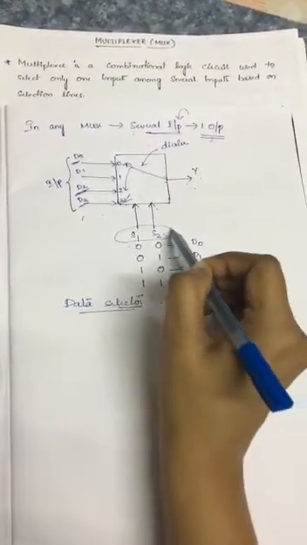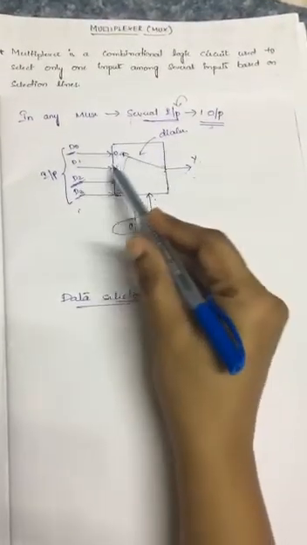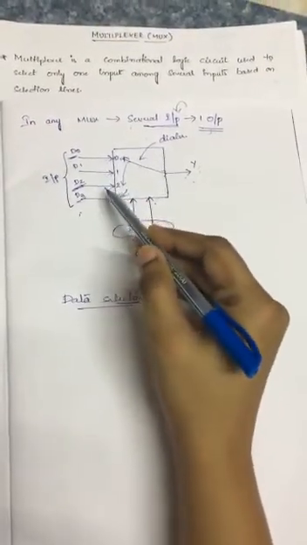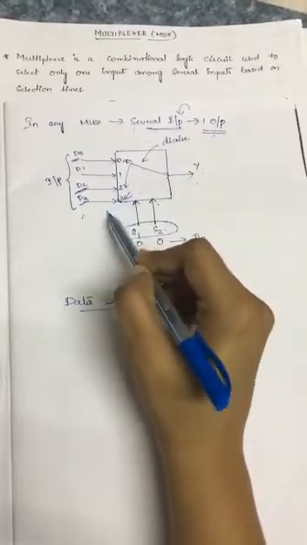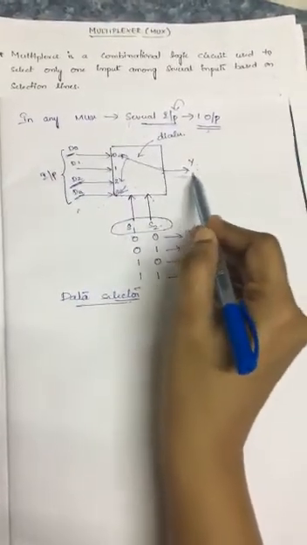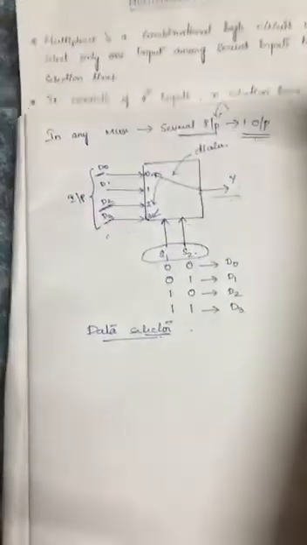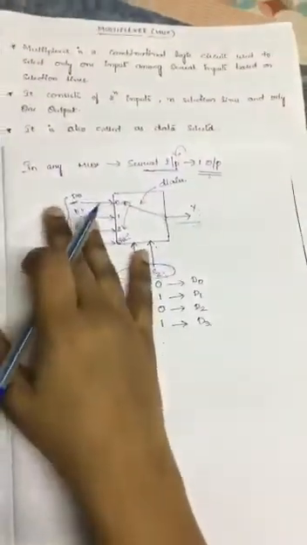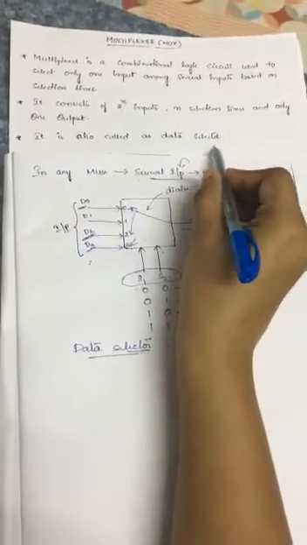Depending on these selection lines, you are going to select the required or desired output as your final destination output. So your multiplexer is also called a data selector.